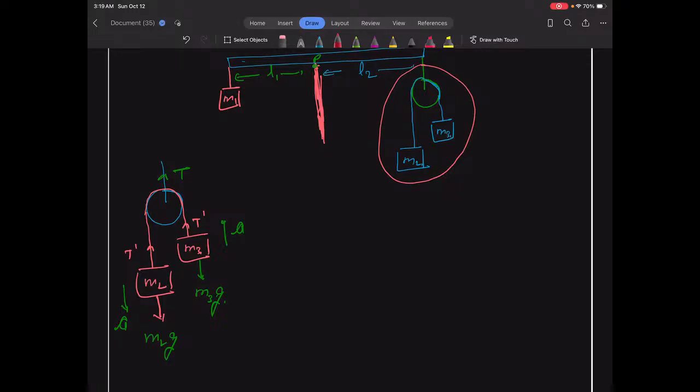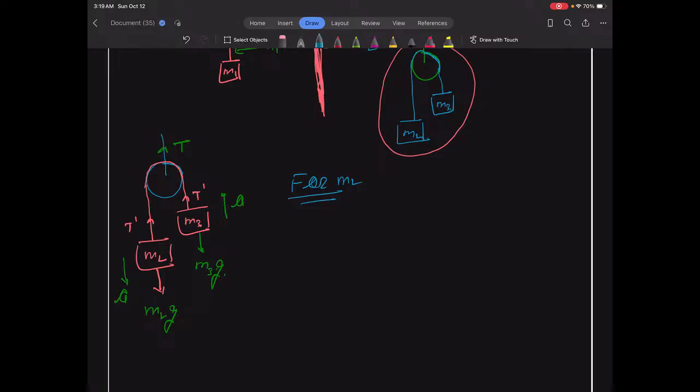For m2, which is moving in the downward direction, we can say m2g minus T prime is equal to m2a.